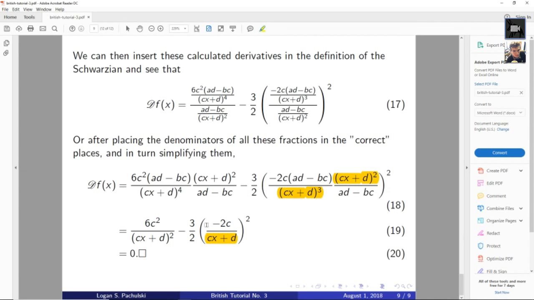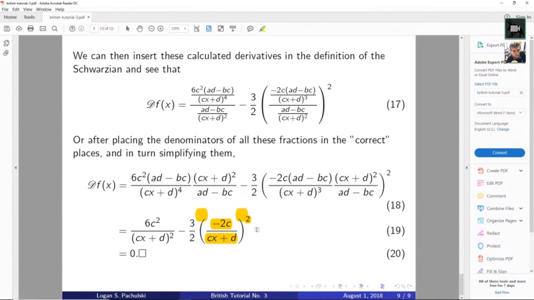Now, continuing on, taking the square of what we have here, that is going to result in negative 4c over cx plus d squared.